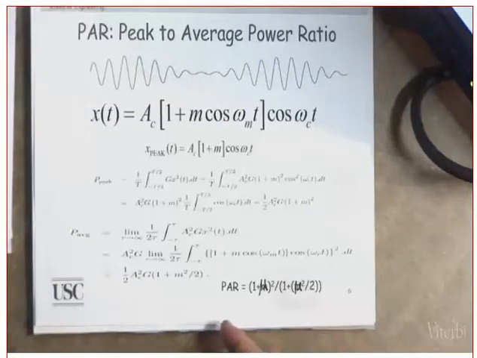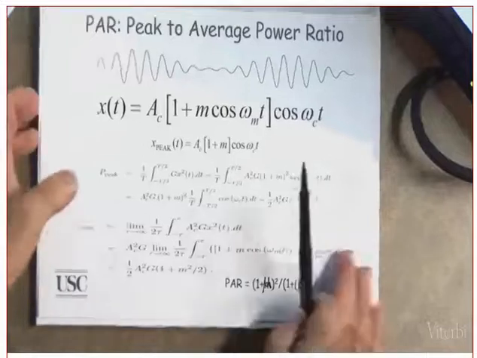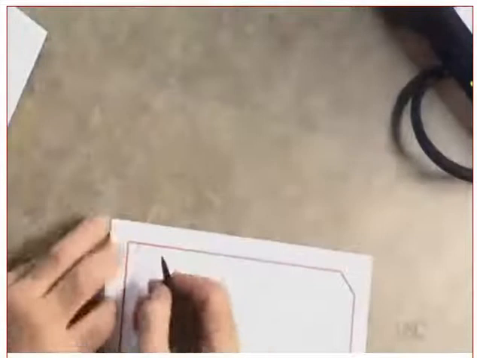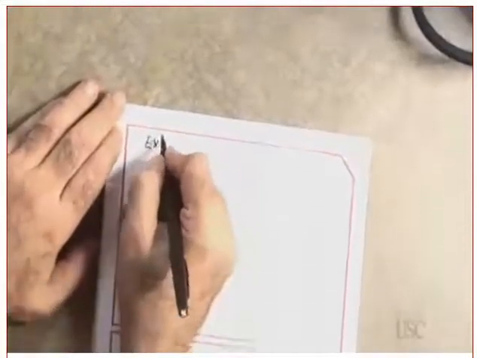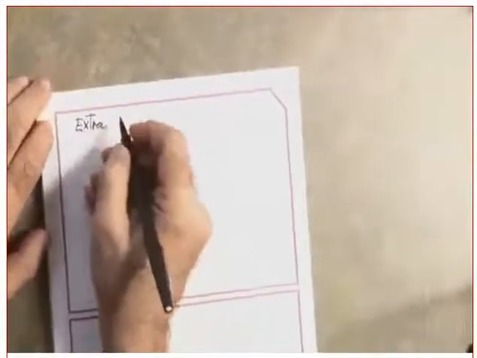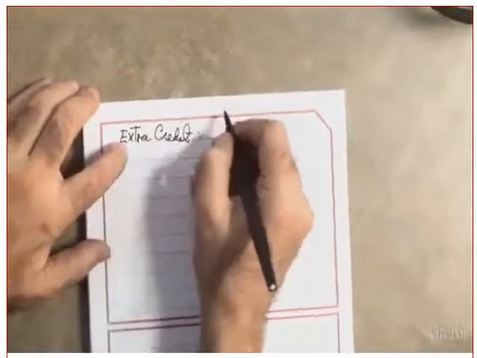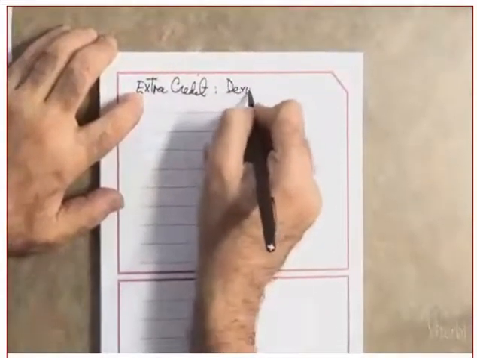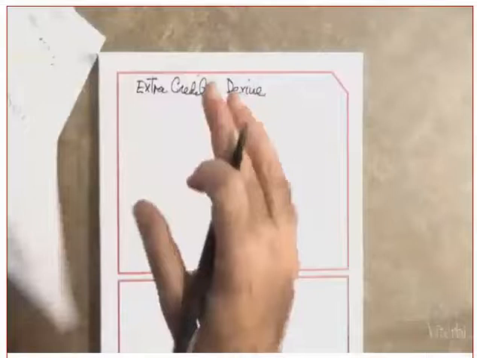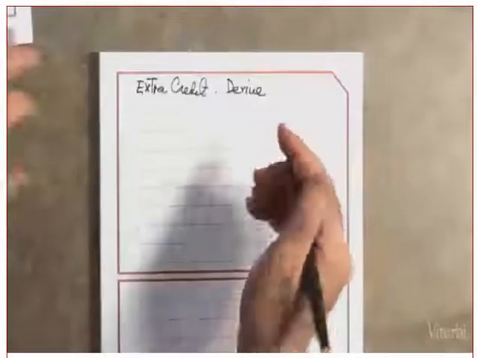Can you do that? Okay, let's put extra credit. But this is after the midterm, not before. Derive. I don't want you to look at this. Do not look at this because there are mistakes in here. Derive it on your own.